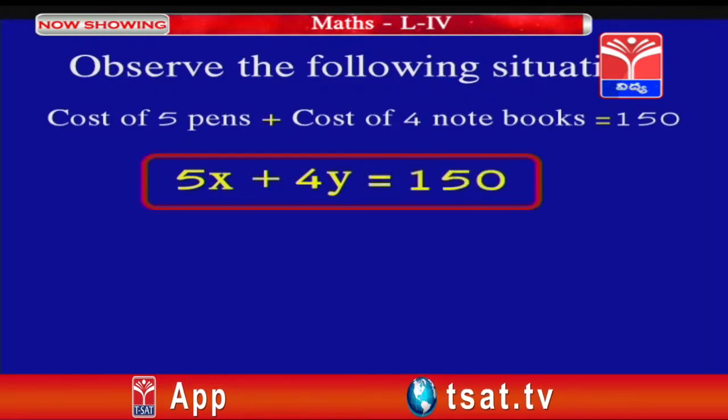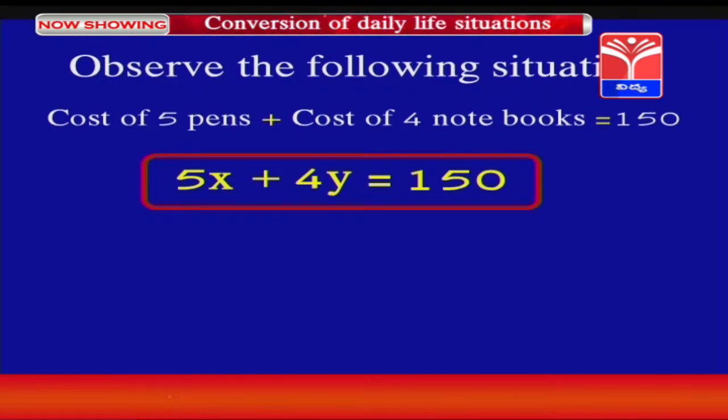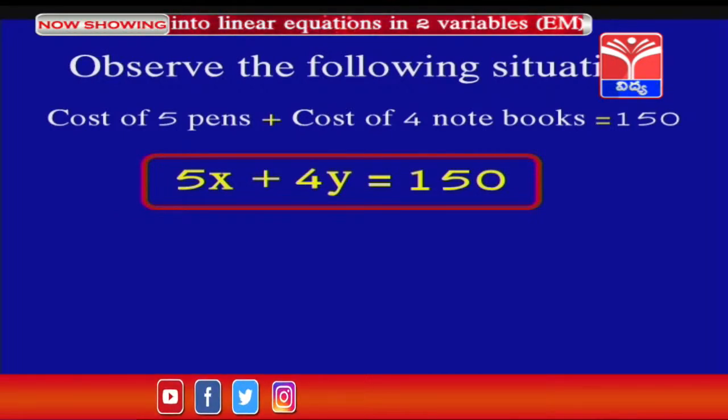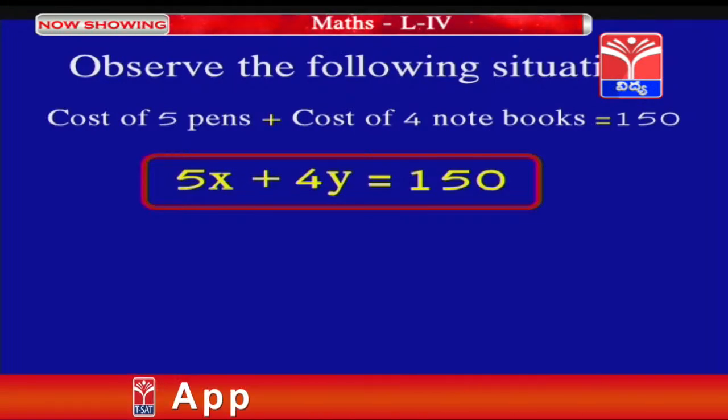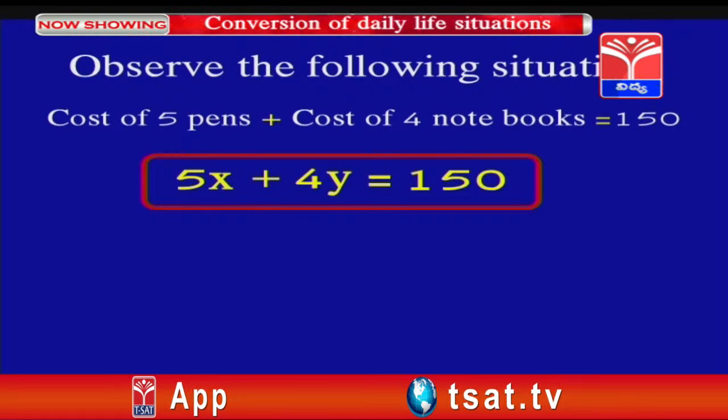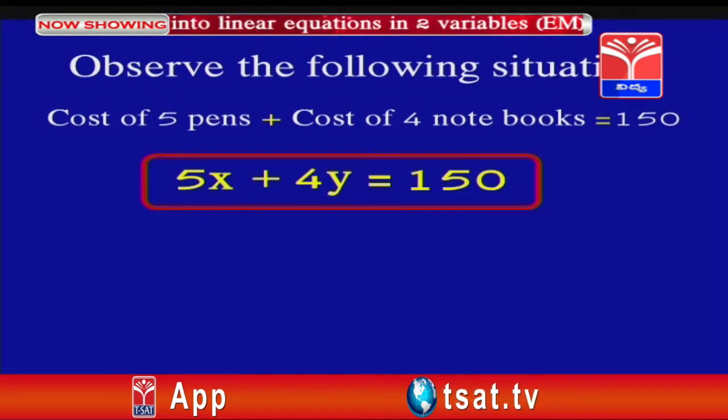Observe this. Now, tell me whether it is a linear equation or not. Yes, very good. It is a linear equation, because the highest power of the variable here is 1 only. Now, how many variables are there?